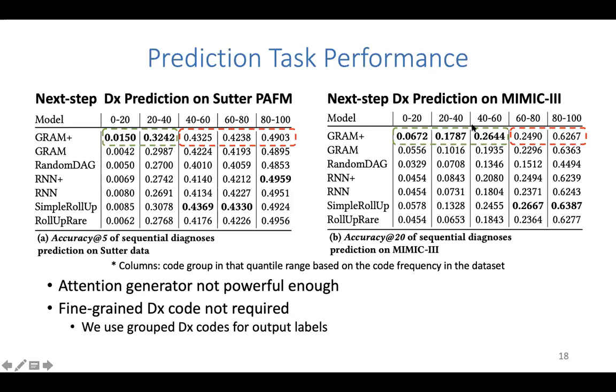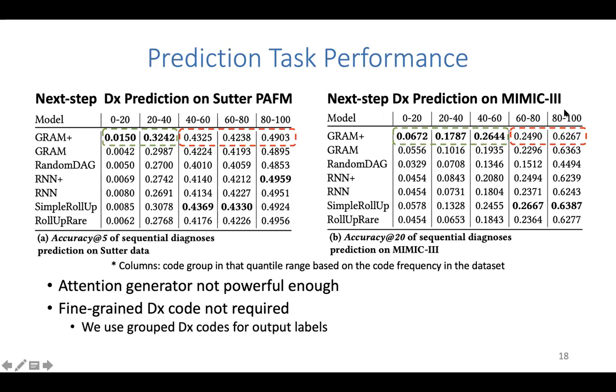Same deal in Mimic3 as well. In Mimic3, especially, Mimic3 is the ICU data set, so you can assume a lot more rare disease would happen compared to Sutter-Penf, which is basically just senior data set. So you can see that the GRAM plus is outperforming all the other models.